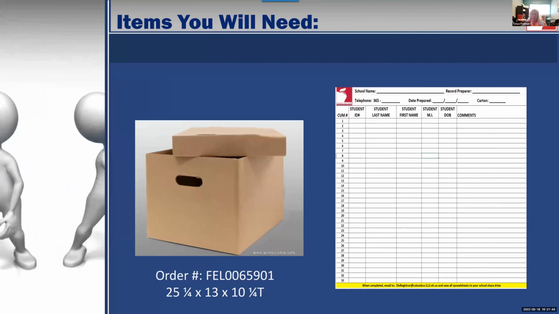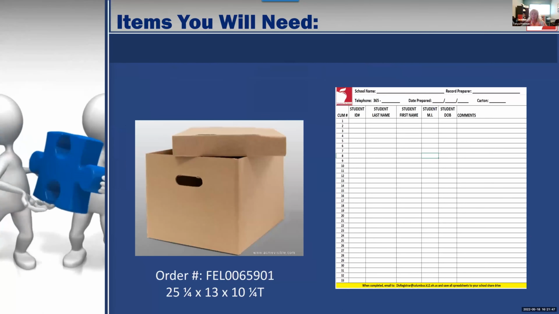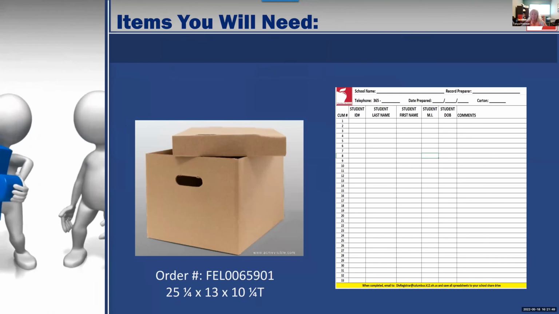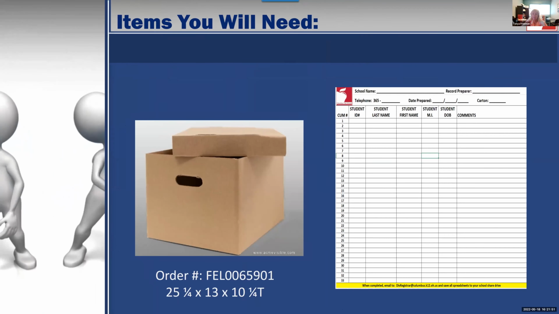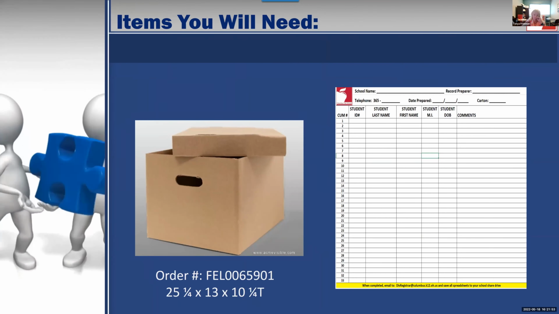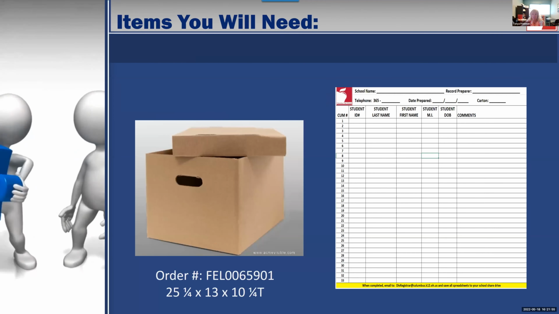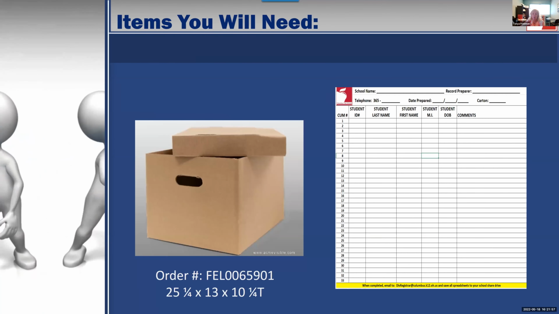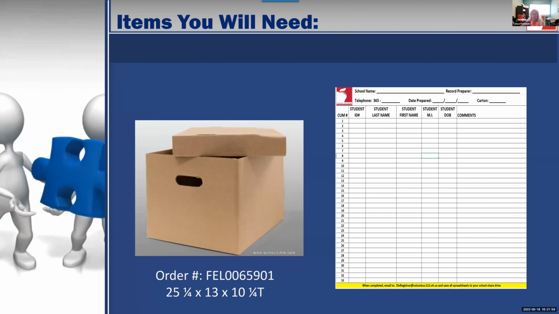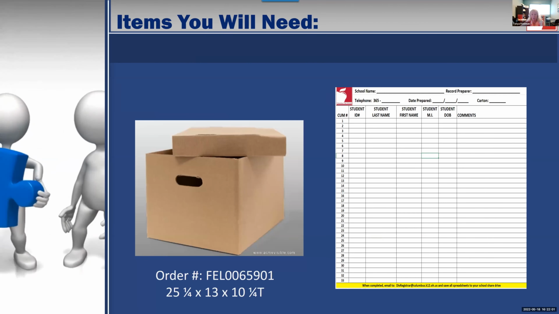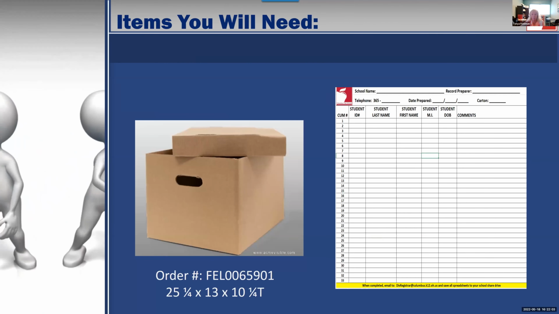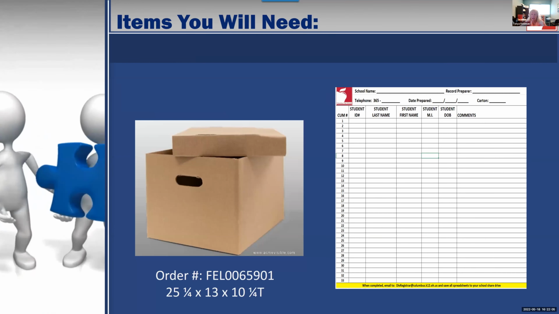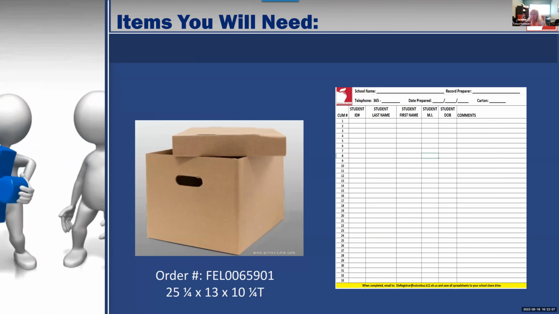In order to prepare your records for digitization, you will need banker's boxes and the digitization spreadsheet. The banker's boxes can be ordered from Friends, and the digitization spreadsheet is on the O drive under Secretary Share and under your school. This template is not to be altered at all.